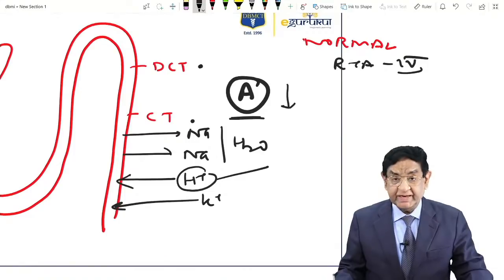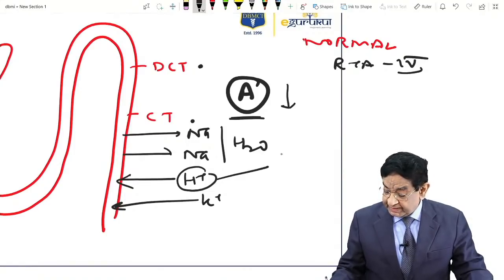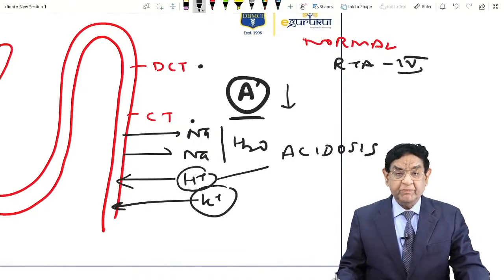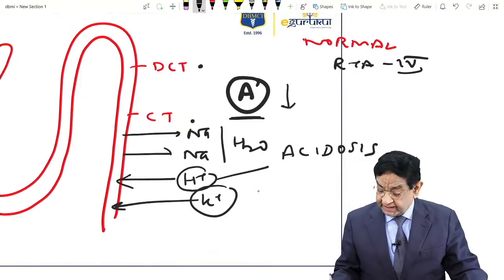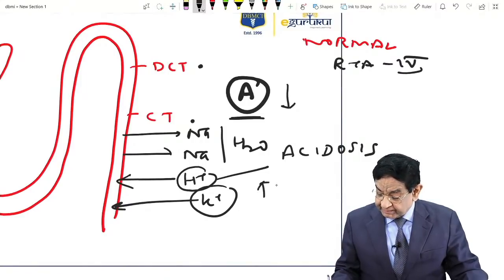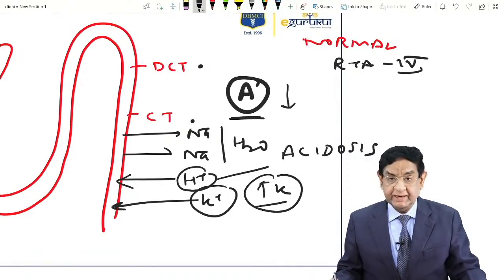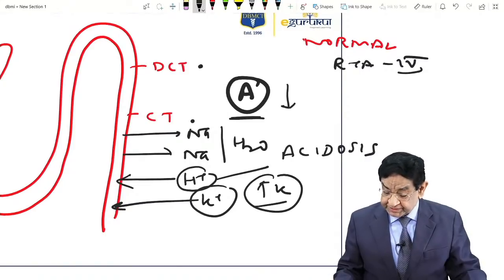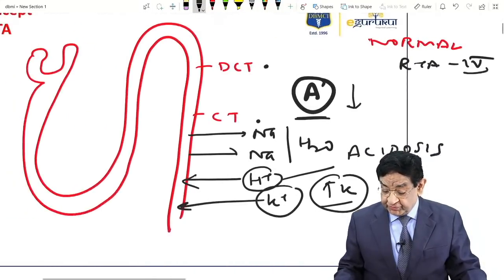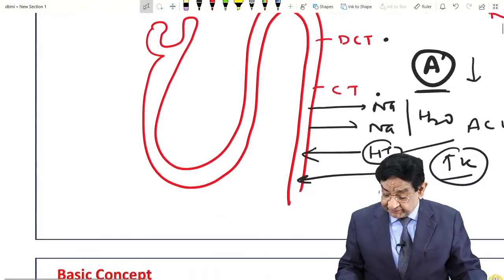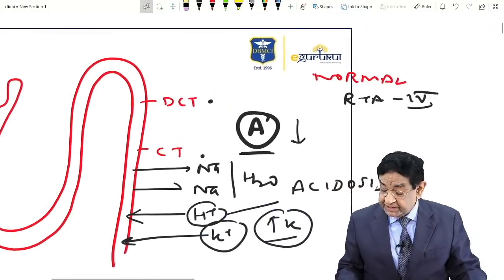So H ion will remain in the body, that will lead to acidosis. And potassium also remains in the body, it will not go out, so that will lead to hyperkalemia. Arrow up is high and arrow down is low. So there is hyperkalemia.